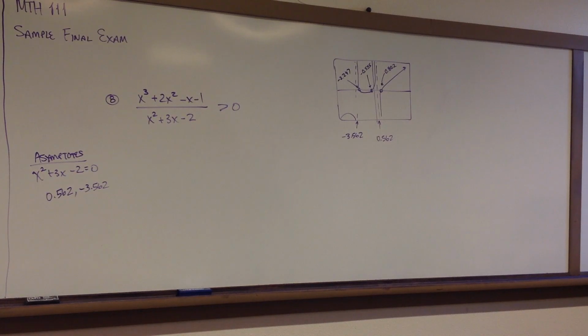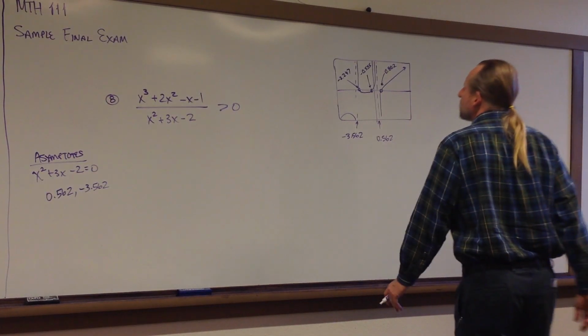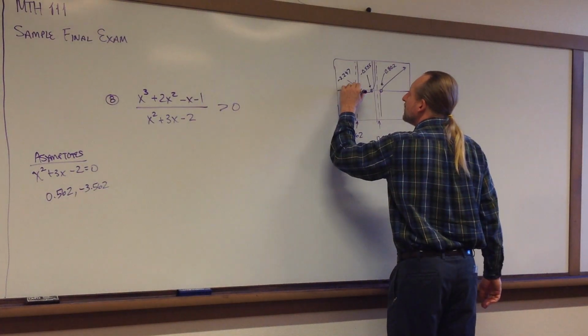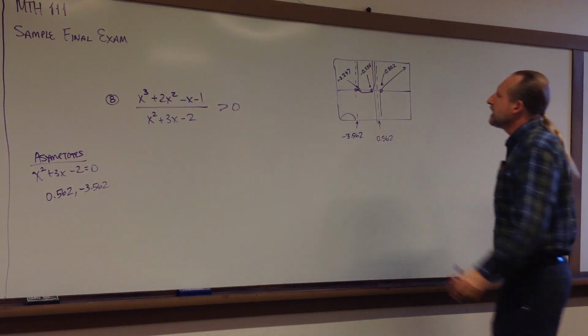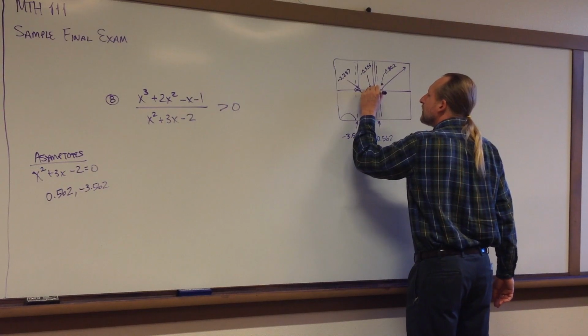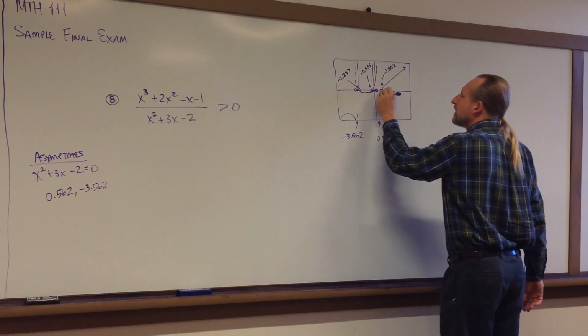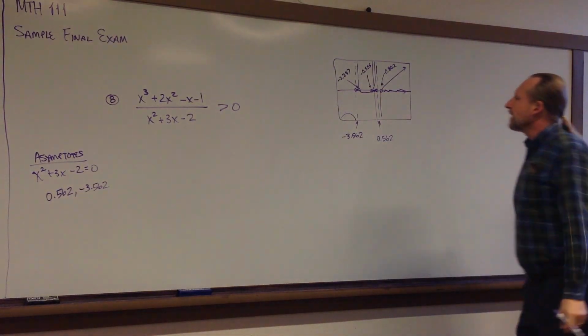Let's answer the question, where is y greater than 0? So that's going to be in between those two values right there, in between those two values right there, and then going off in this direction.